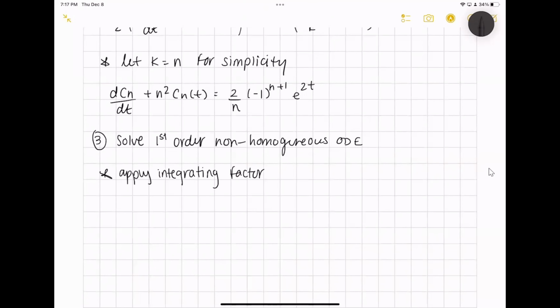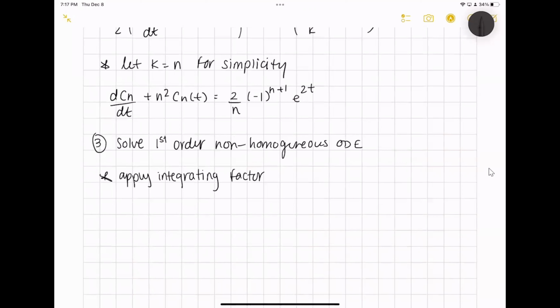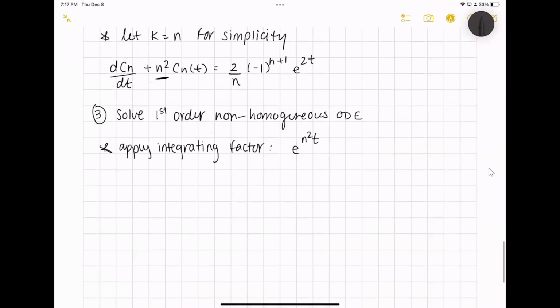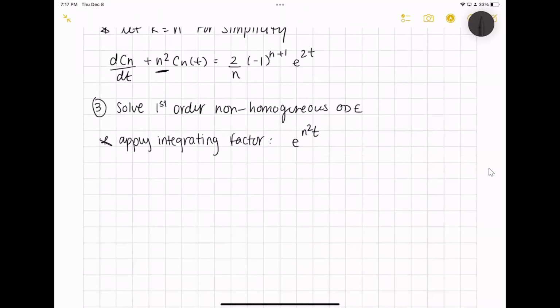In this case, we just take whatever is in front of the term that's not differentiated, and set that to the power of e. So in this case, it's just going to be e to the n squared t as our integrating factor. And all we do is multiply by it on both sides.